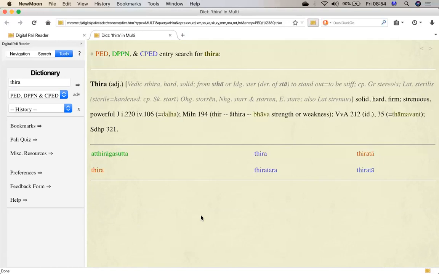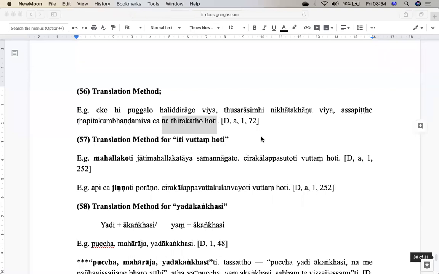Okay, so actually untrustworthy, not trustworthy. Tira kata means trustworthy. So some person is not trustworthy, so their speech is not formed, not stable, so changeable.